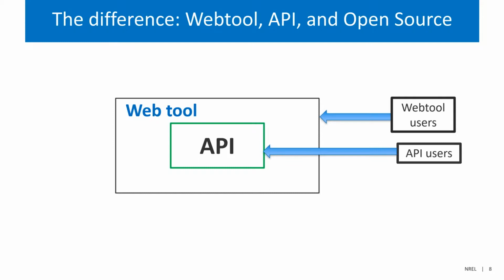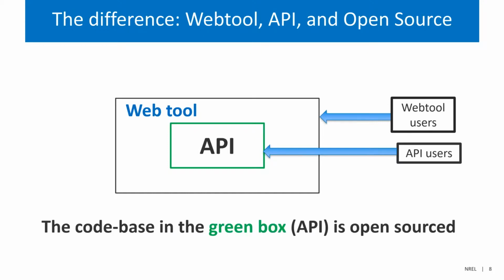Users can directly interact with the API in various ways, such as a Python script or a program called Postman. So the Webtool can be bypassed to interact with the API directly. And what is getting open sourced is this green box of the API. That code base has been made open source.